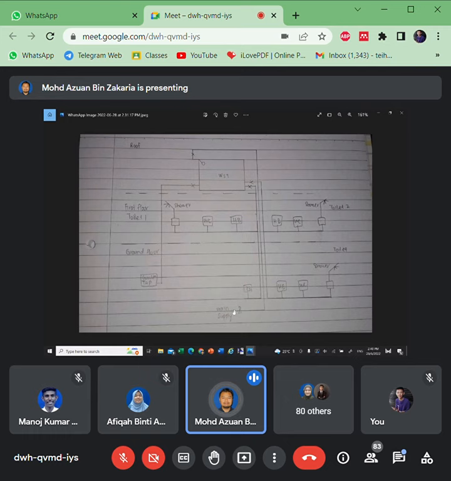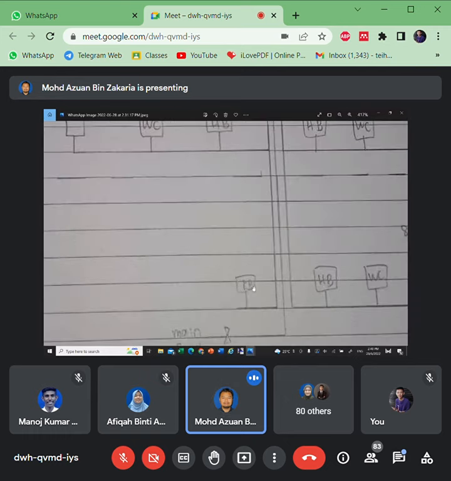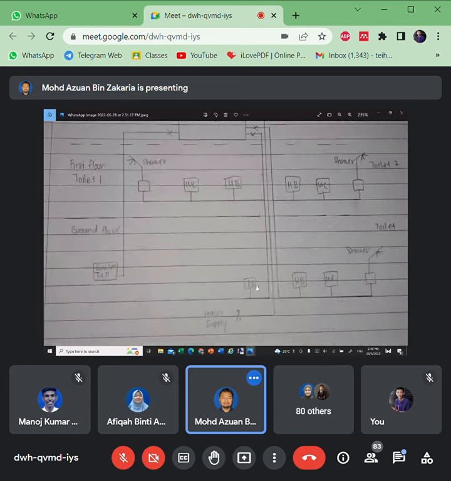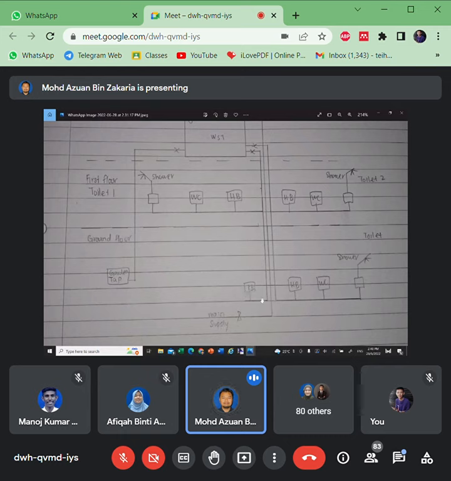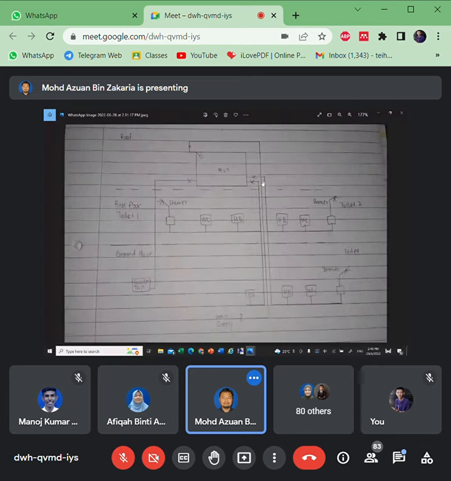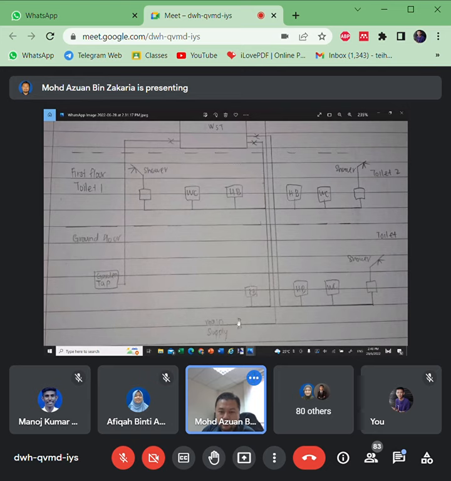Okay, let's look from the main supply. Main supply, then what is this? Kitchen. Kitchen basin, right. So main supply, kitchen basin. Main supply goes where? Okay, alright. Here everything is correct except for the kitchen. Kitchen direct. Okay, kitchen should be from main. So main supply, meter goes to the kitchen.